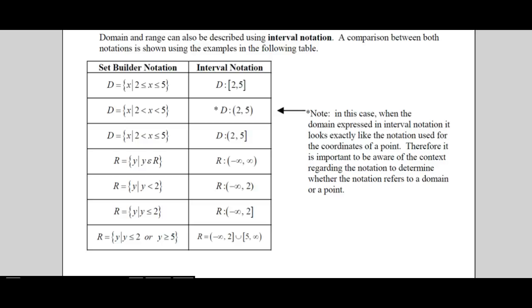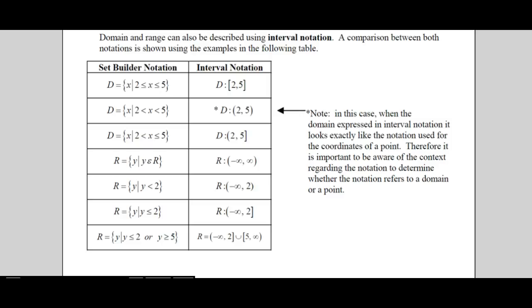Right? So when you write domain, bracket 2 comma 5 bracket, some people look at that and say, that's the point (2, 5). No. That's a domain. We're expressing a domain. So here's how it works. If it's including the 2, you use a square bracket to say it includes the 2. So this says the domain goes from 2 to 5, including the 2 and including the 5.